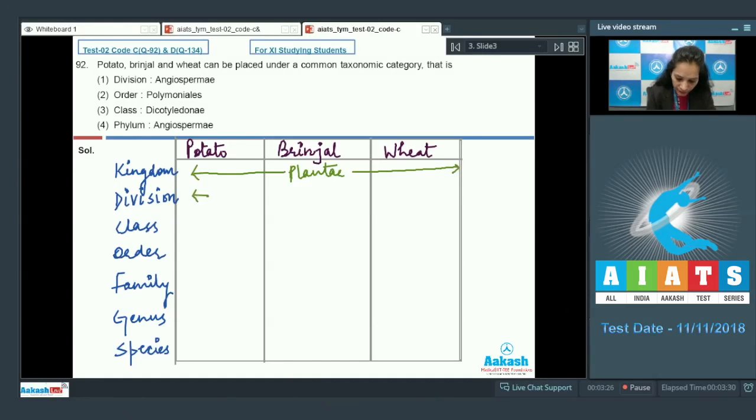Division, all these 3 belong to the same division, that is Angiospermae. Class for potato, it is Dicotyledone. Brinjal, Dicotyledone.